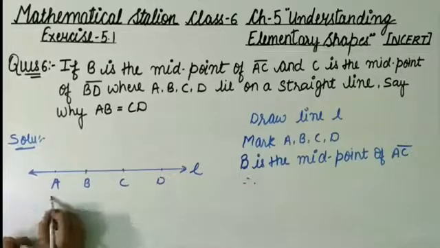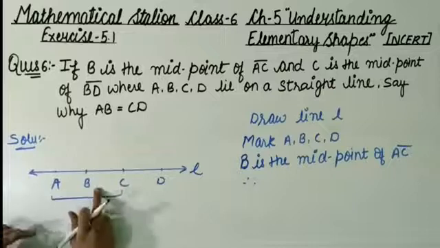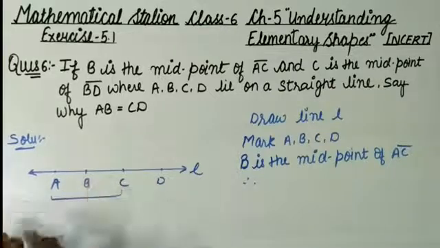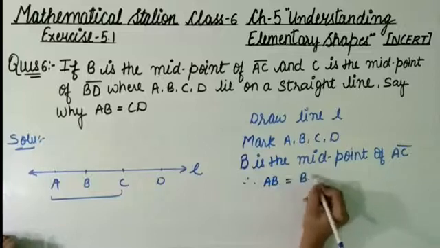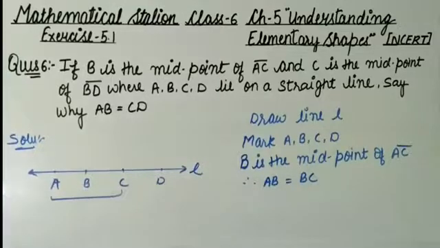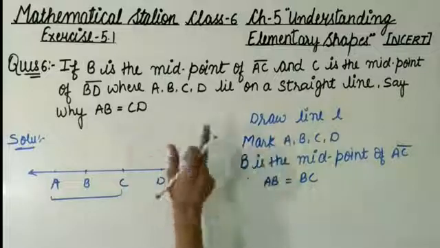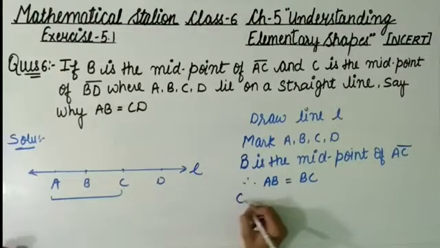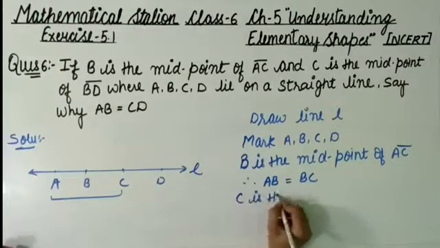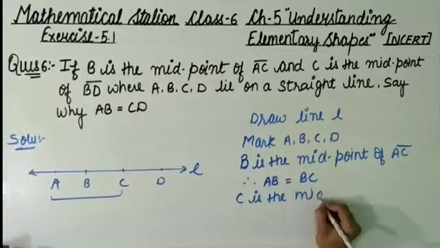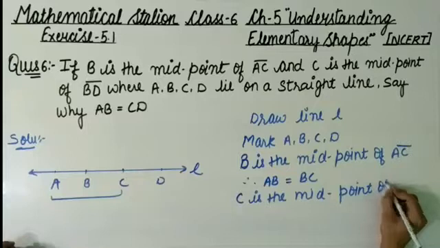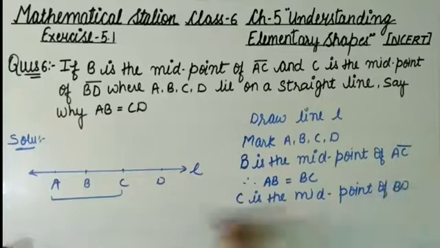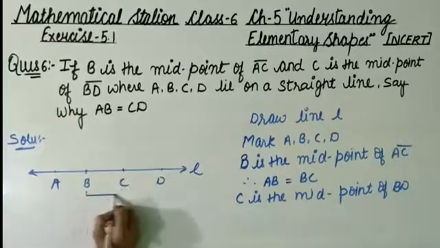Okay, so we will write AB equals BC. The other thing given in the question is C is the midpoint of BD. Therefore, BC equals CD. That we will write for B to D.